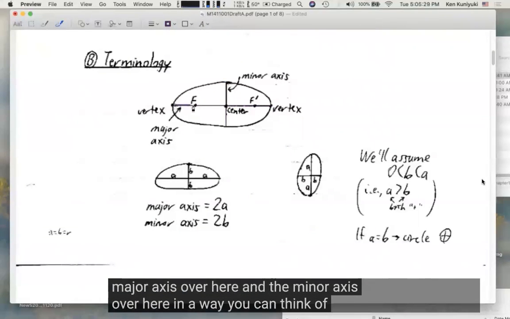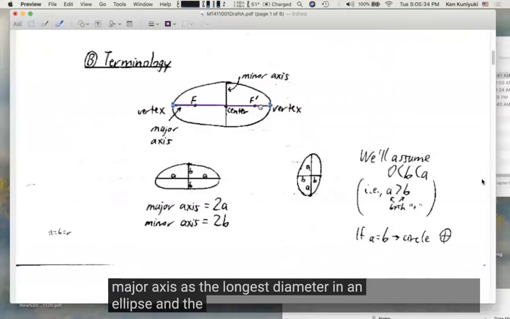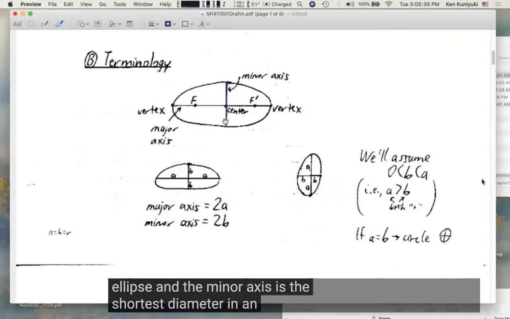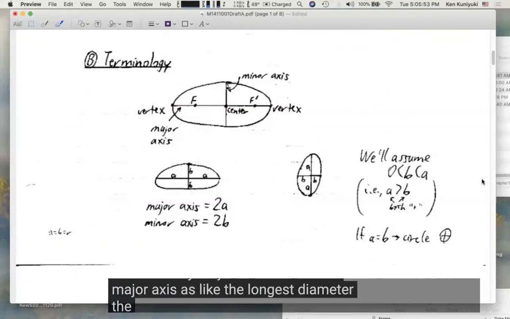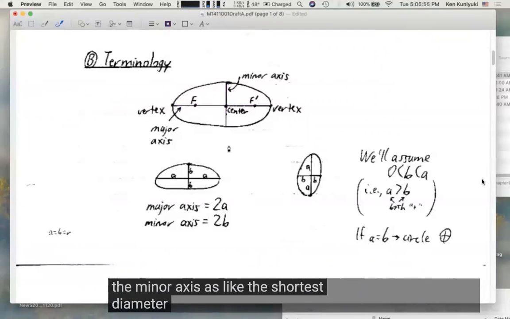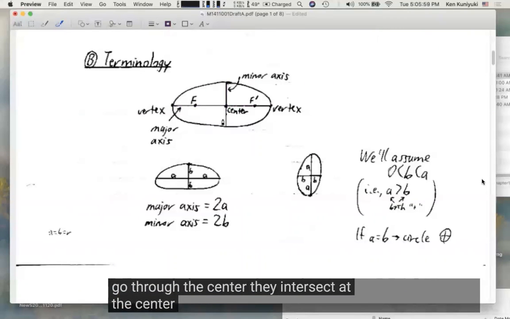In a way, you can think of the major axis as the longest diameter in an ellipse, and the minor axis is the shortest diameter in an ellipse of all line segments or chords that go through the center. So we don't count things like that. Okay, so you can think of the major axis as like the longest diameter, the minor axis as like the shortest diameter, in a way. And they both have to go through the center. They intersect at the center.